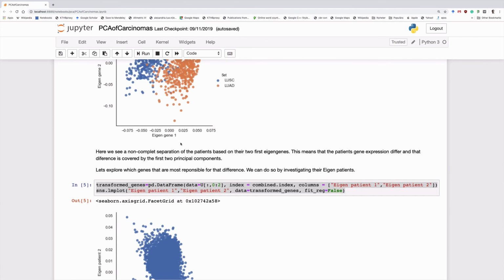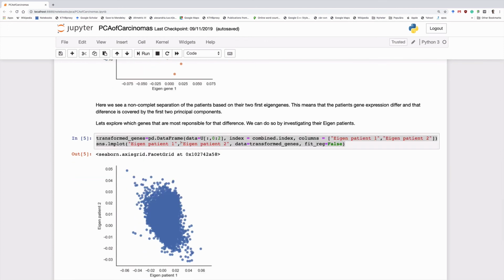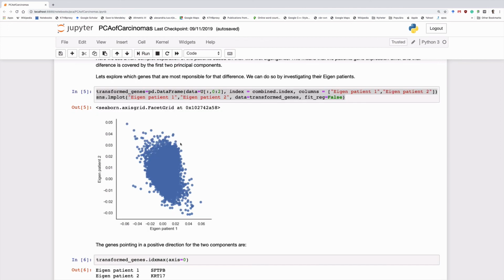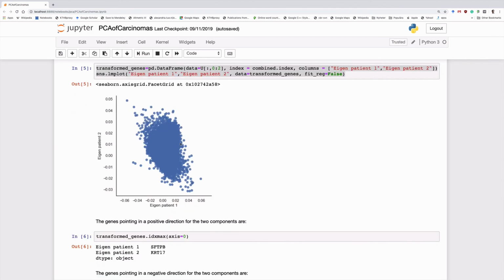The analysis allows us to do a second type of analysis. We can plot the eigenpatients of this data. So this again is the same data, but seen from the perspective of what the patient would look like, that is, what would describe most of the variation per patient.